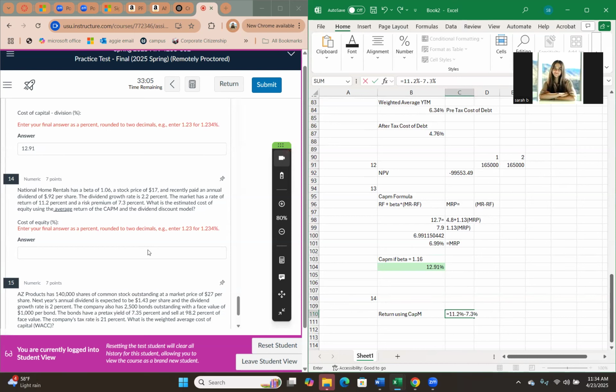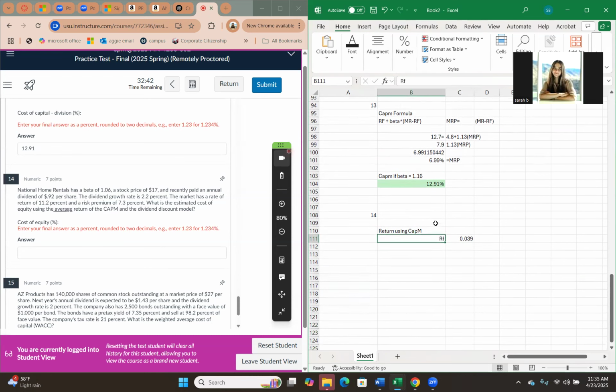The risk premium is the MRP that we just solved for. So we're going to subtract the risk premium from 11.2% to get the risk-free rate.